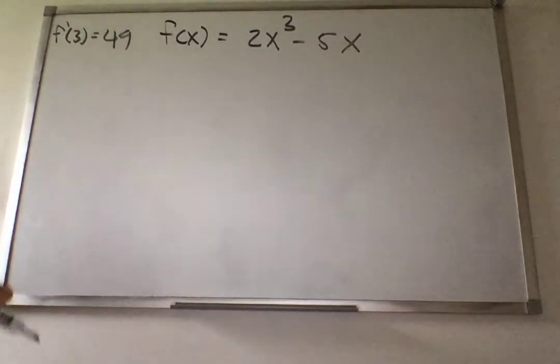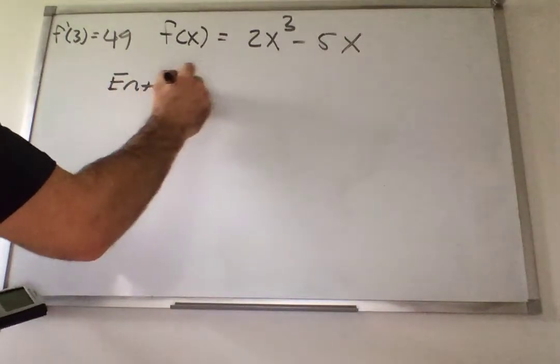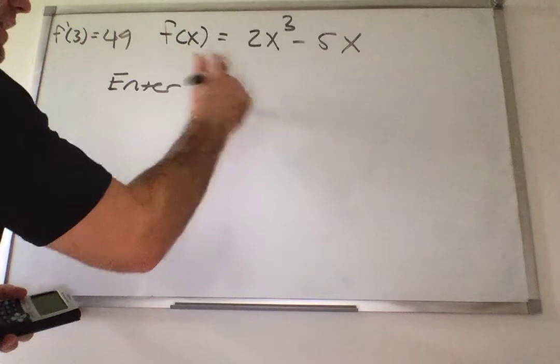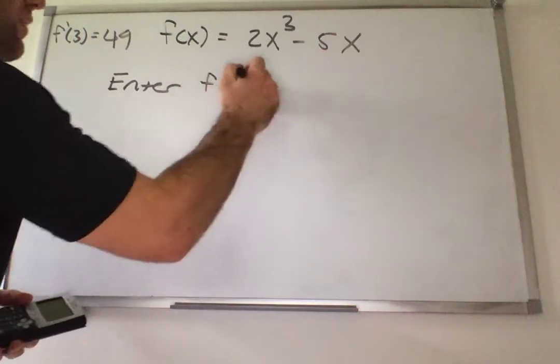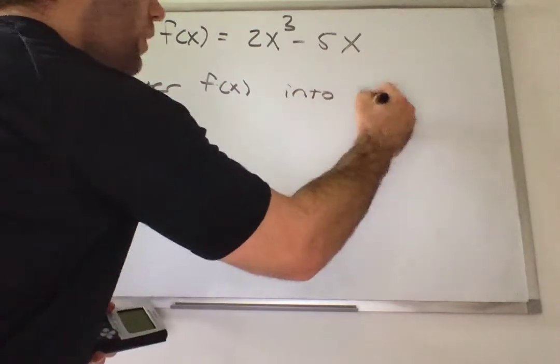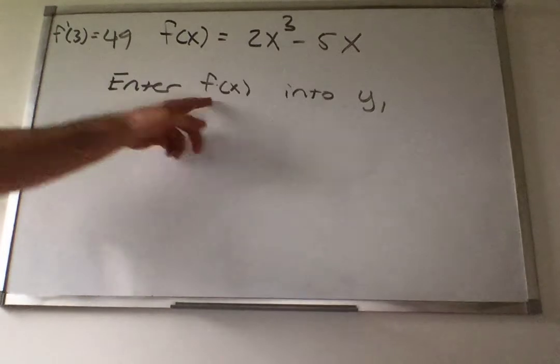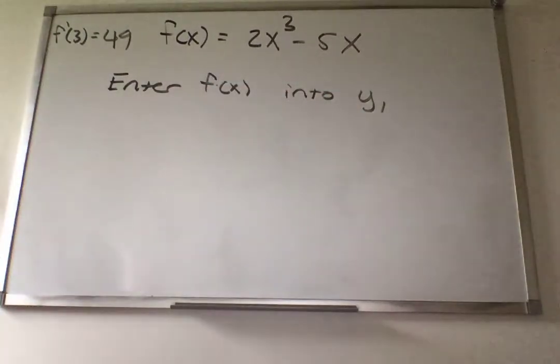Alright, so the first thing you're going to do is enter f of x, oh that's a big F, I meant little f of x, into y1. Okay, so you're going to enter f of x into y1 on your calculator. That means you need to press your y equals button.